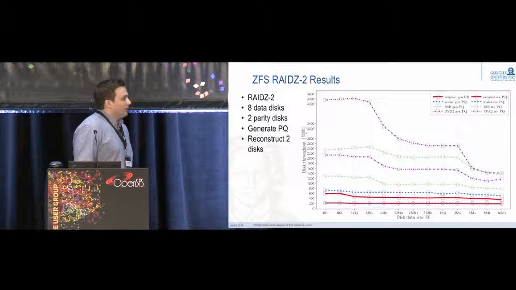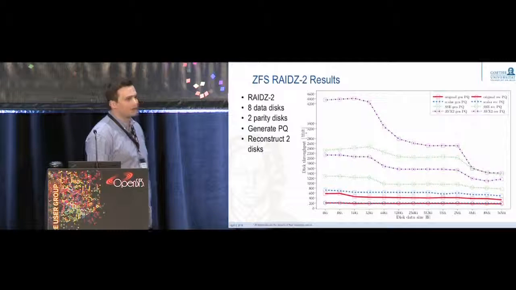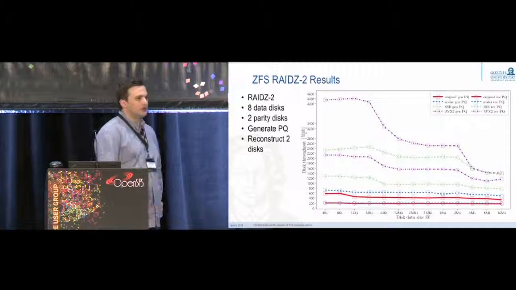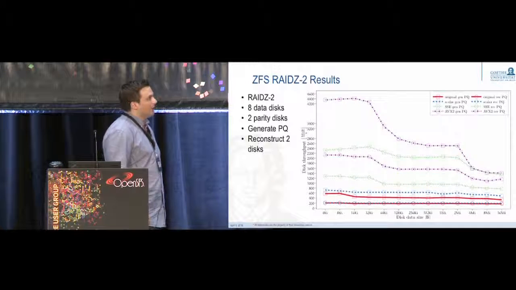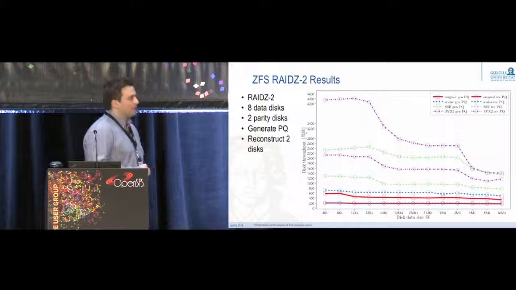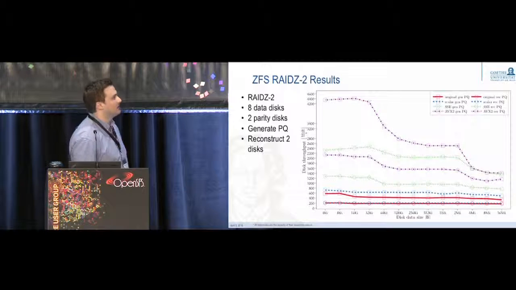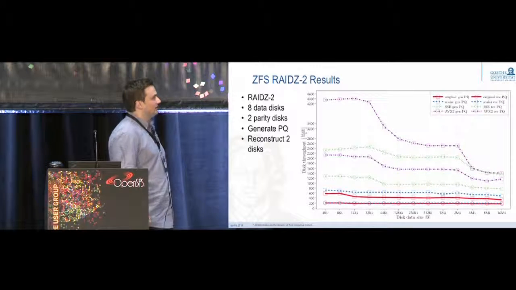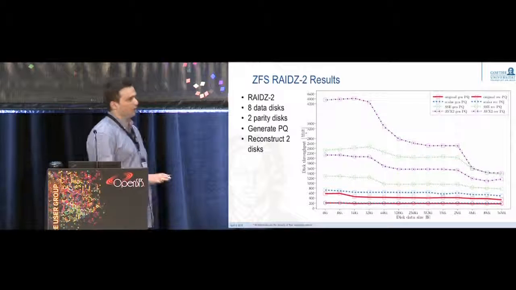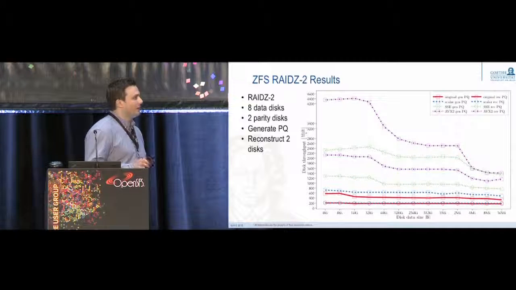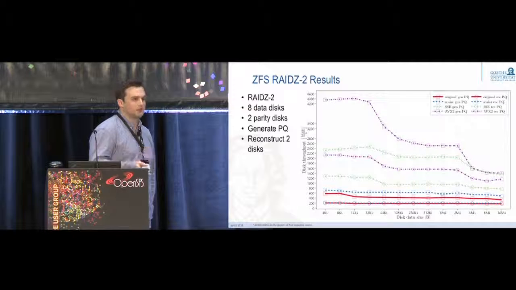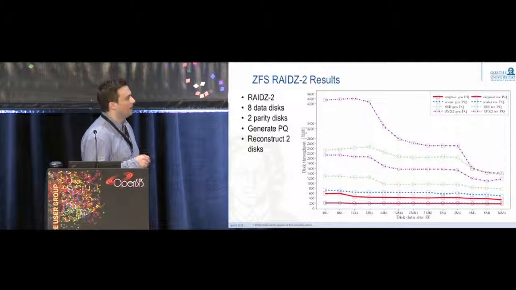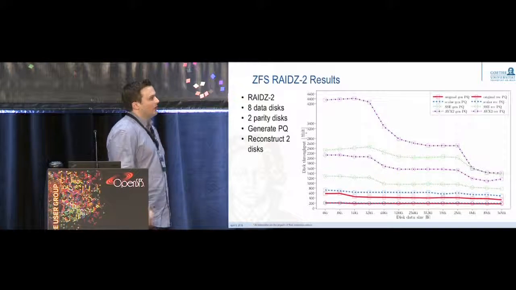This is a benchmark in userspace that uses the same functions from ZFS, but without the rest of the ZFS file system, just to compare the difference between the instruction sets. This is a RAIDZ2 with 8 data disks and 2 parity disks, to generate parity and reconstruct 2 data disks, which is the slowest operation in this RAIDZ2 regime.